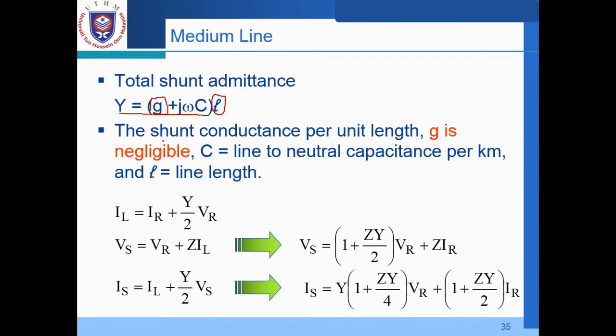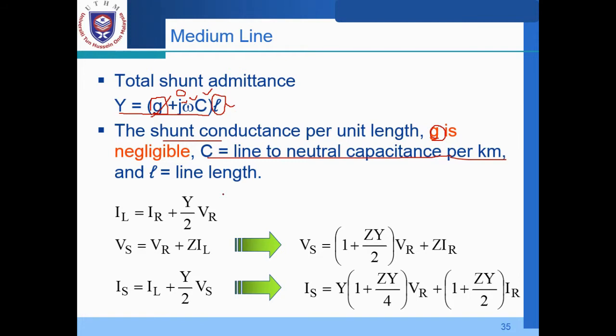So the shunt conductance per unit length, G, is negligible. By the way, G equal to 0, it is negligible in the medium line, but C, the line to neutral capacitance per kilometer, is calculated. Okay, so we have C, we have omega, so we have j as well, and also the l.